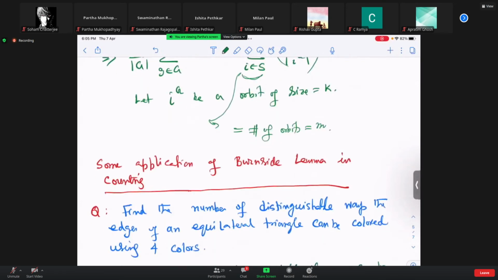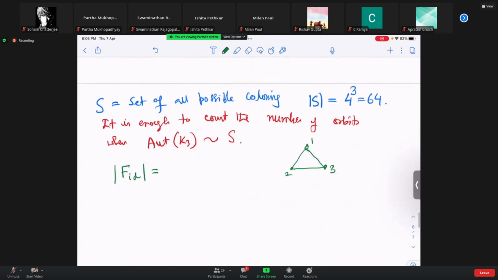Now the permutation g is identity here. But identity will fix any coloring, right? Okay, right. So whatever color you use on these edges, this is 64, basically 4 to the power 3. The whole set is fixed by identity. Yeah, I get it. Sorry, I got confused. No, I get it now.